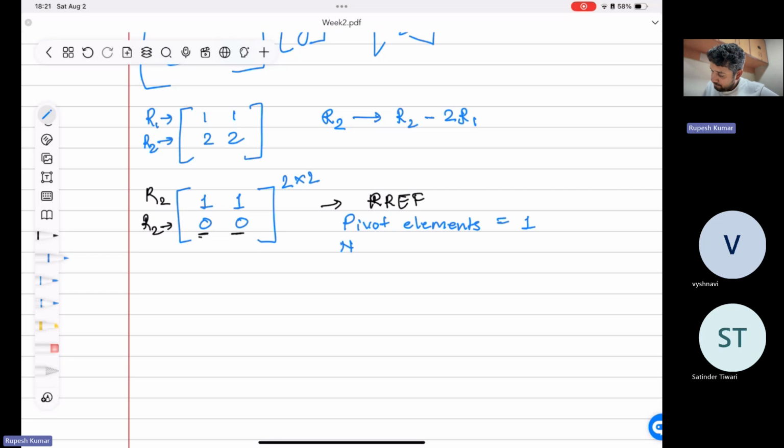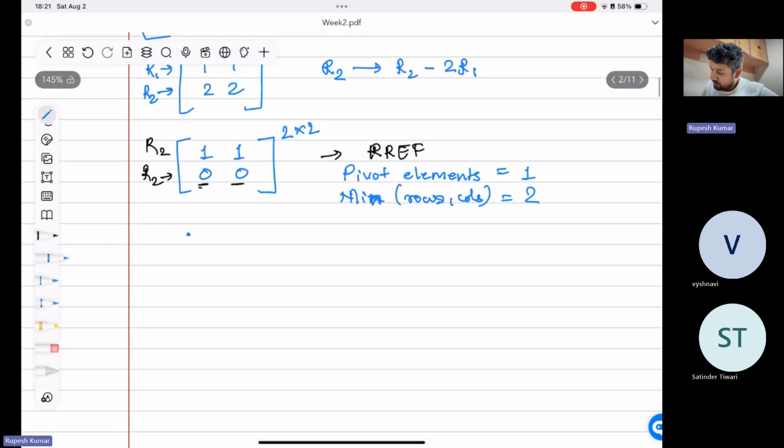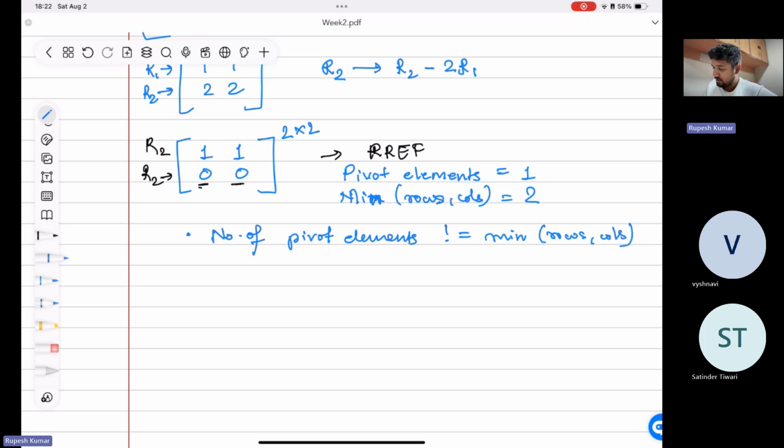So the minimum of the number of rows and columns of this matrix is 2. So we can already say the number of pivot elements is not equal to the minimum of rows or columns. Therefore, our matrix is not full rank.